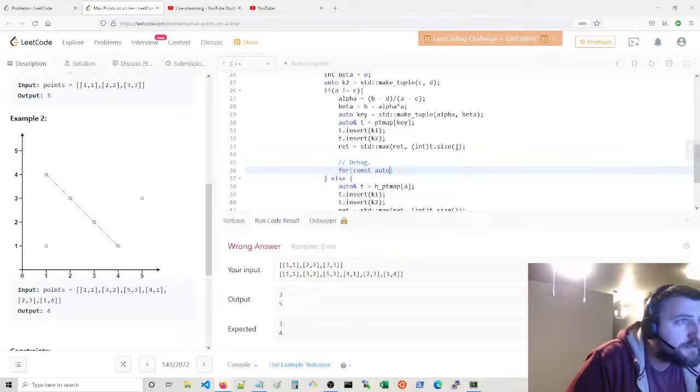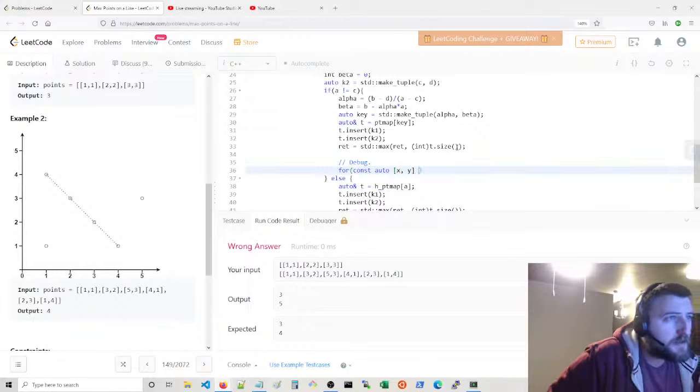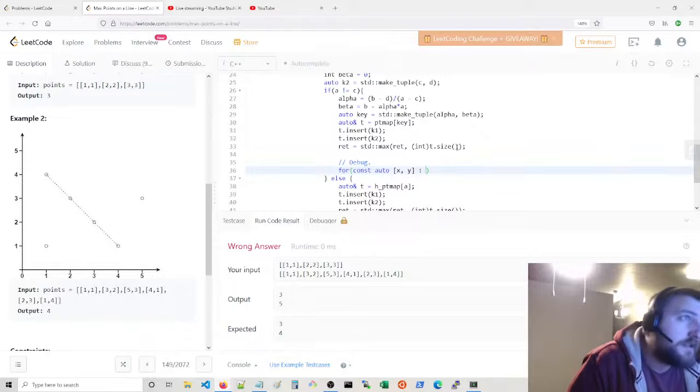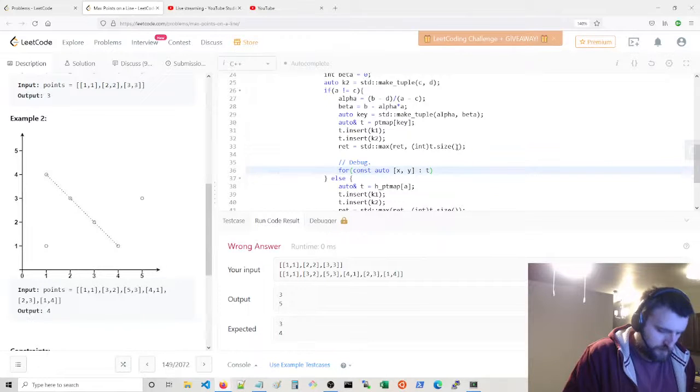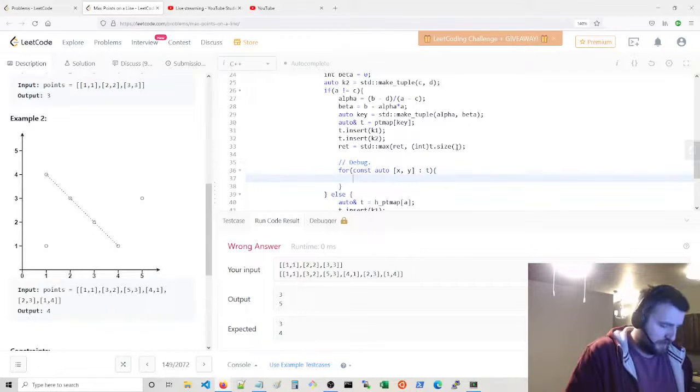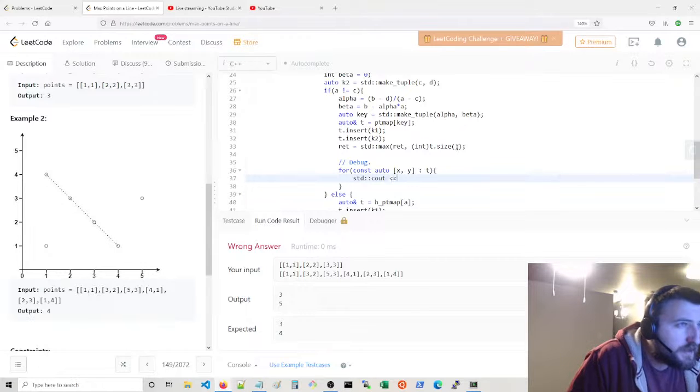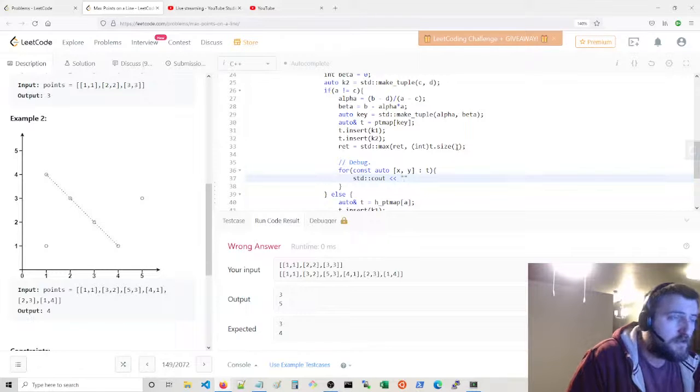For const auto x, y in T. Let's do that. Let's say standard cout X, or we'll do it this way.